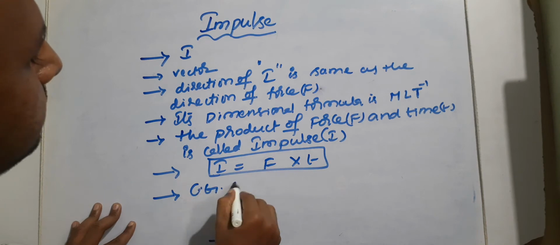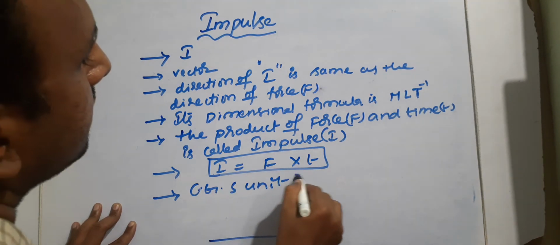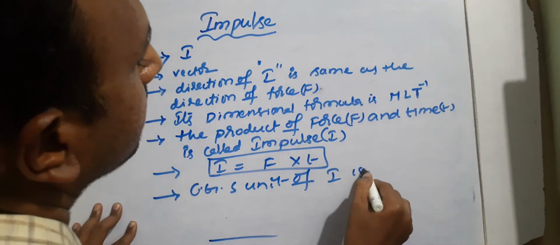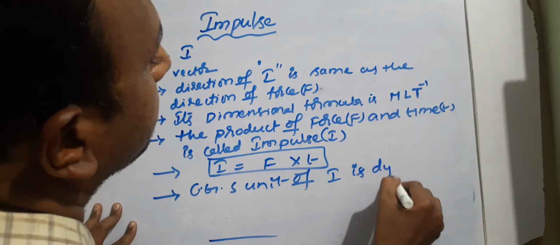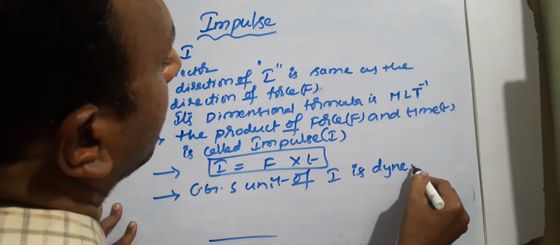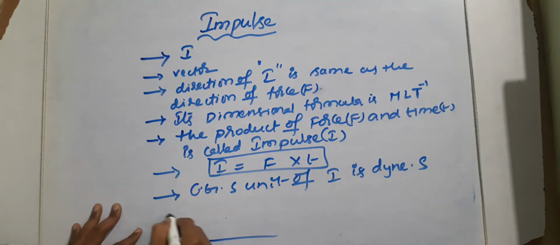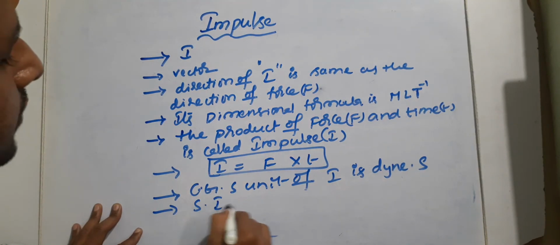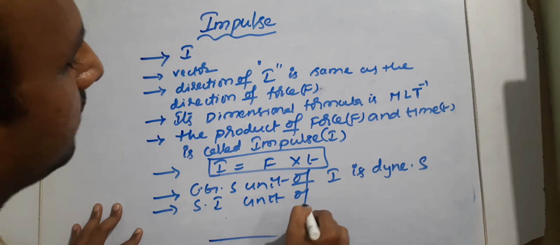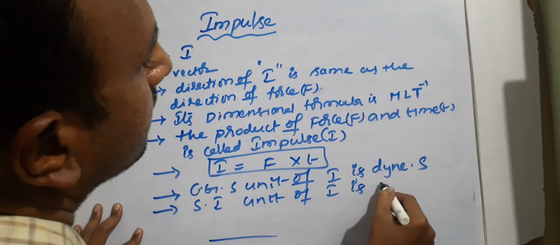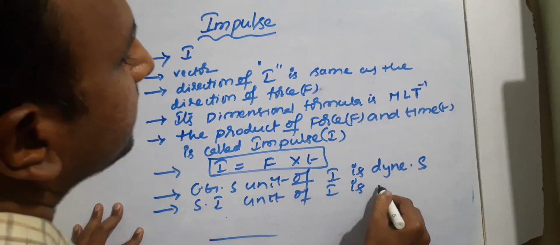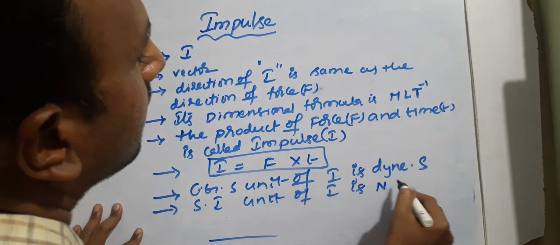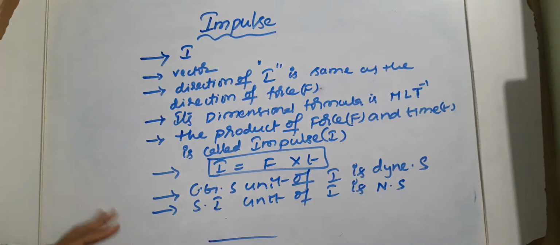CGS unit of impulse: F is expressed in dynes and time is in seconds, so dyne seconds. SI unit of impulse: in the SI system the force is expressed in newtons and time is in seconds, so newton seconds. Newton second is the SI unit of impulse.